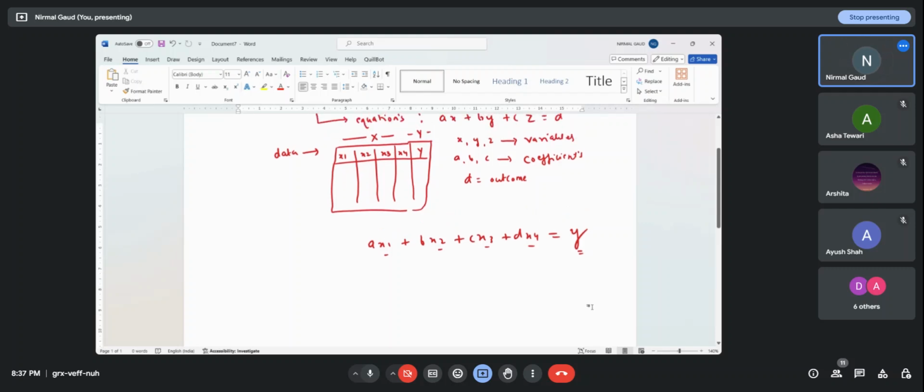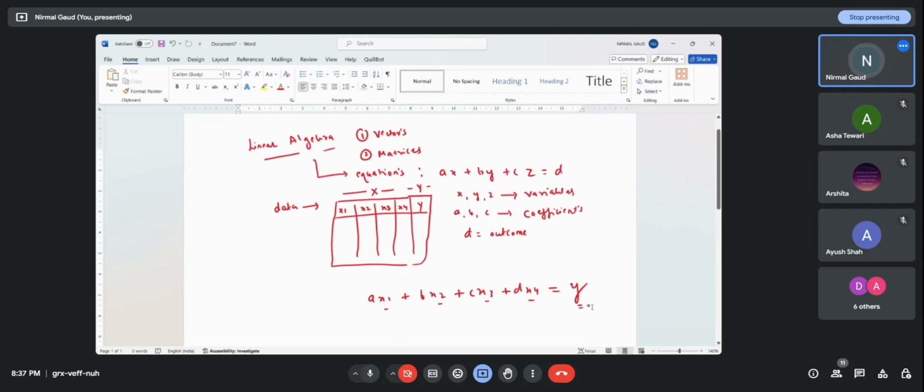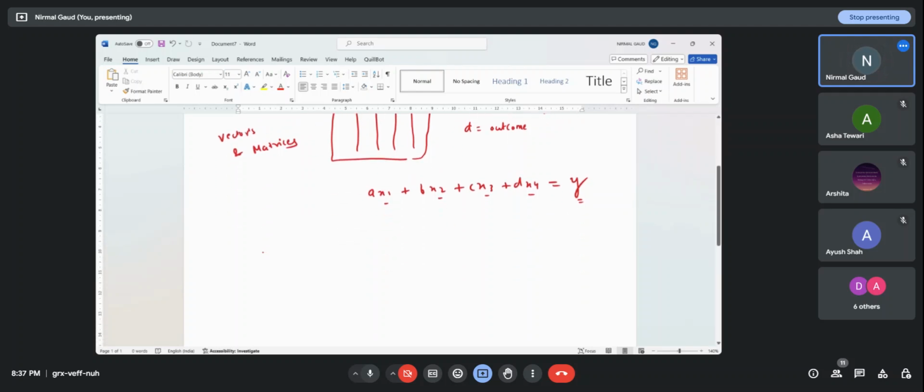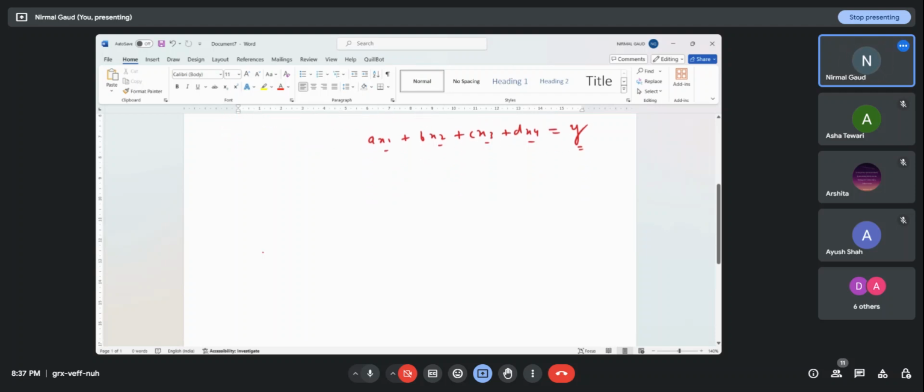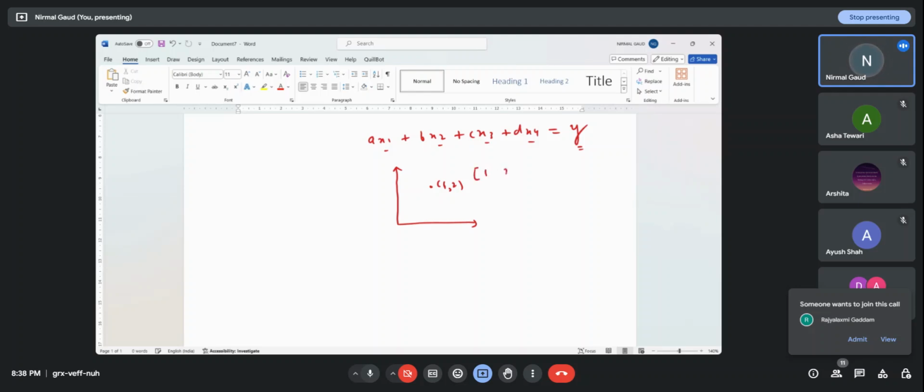And yesterday a question came to me: kindly differentiate between vectors and matrices, because you have represented them in a plot where there was a point 1 comma 2, and you have written it in the form of 1 comma 2.